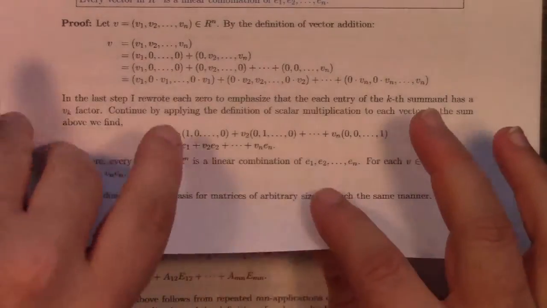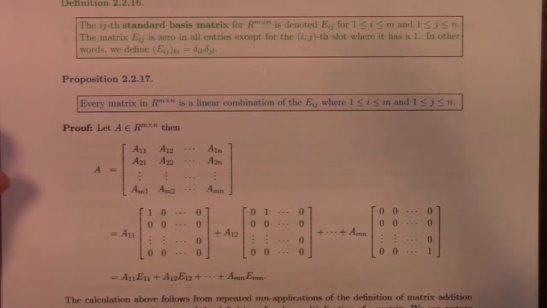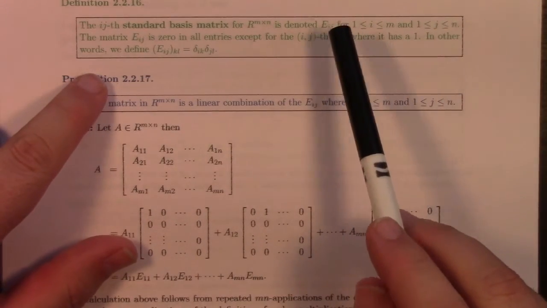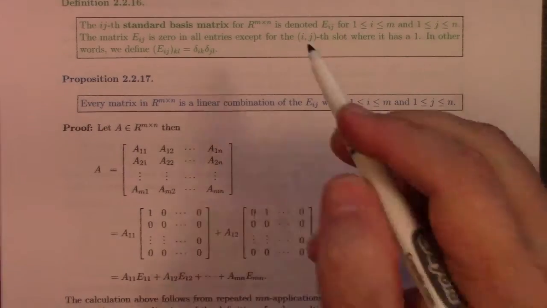But there's another important kind of standard basis, and that's the one we can use to build matrices. So this Eij, E lower ij. Let me just squeeze in a little argument right here.